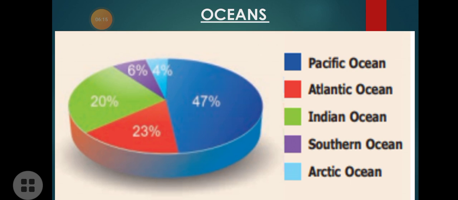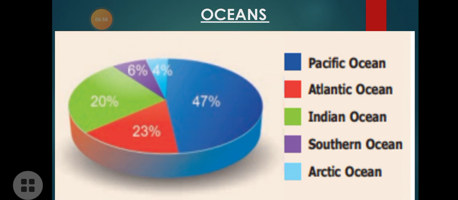Look at the pie diagram here. It gives us information regarding the oceans in the world. How large are the oceans of the world? They occupy our earth. Here we see the dark blue portion as Pacific Ocean, red Atlantic, green is Indian Ocean, purple is Southern Ocean, and light blue color is Arctic Ocean.